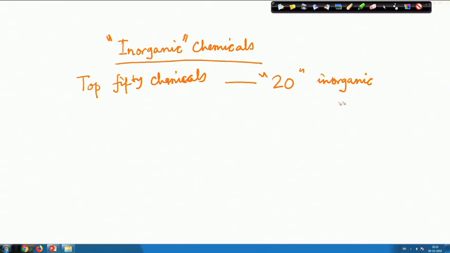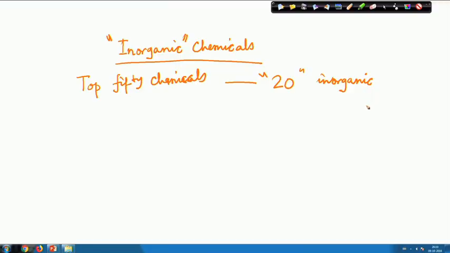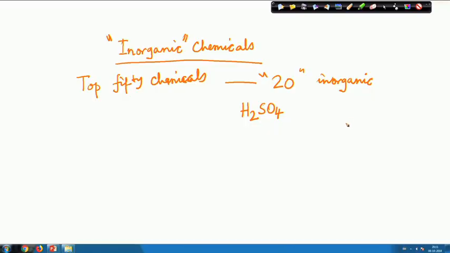In terms of the amount produced, not only by our country but by other advanced countries, 20 out of these 50 chemicals which are produced in huge amounts are inorganic in nature, starting from simple sulfuric acid. The industry making sulfuric acid is very interesting. We consider these as bulk chemicals, and see how they are utilized for making other compounds.